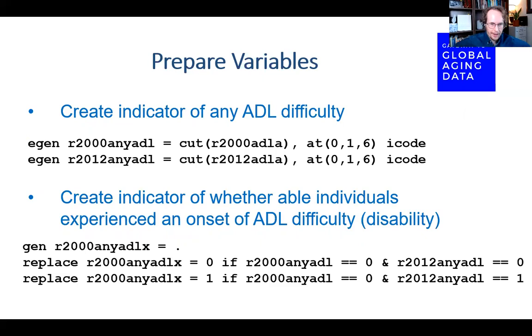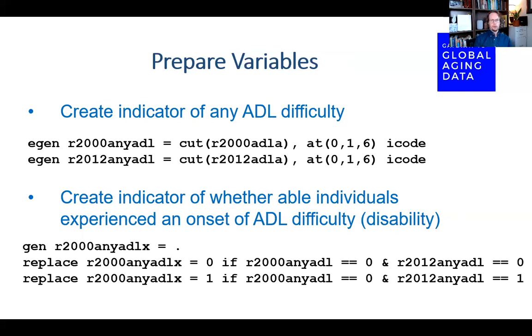So this variable that we have currently, R2000 ADLA, counts the number of activities of daily living the respondent has difficulty with. These include things like dressing, eating, getting in and out of bed, and it can range from 0 to 5 because there are 5 of them.